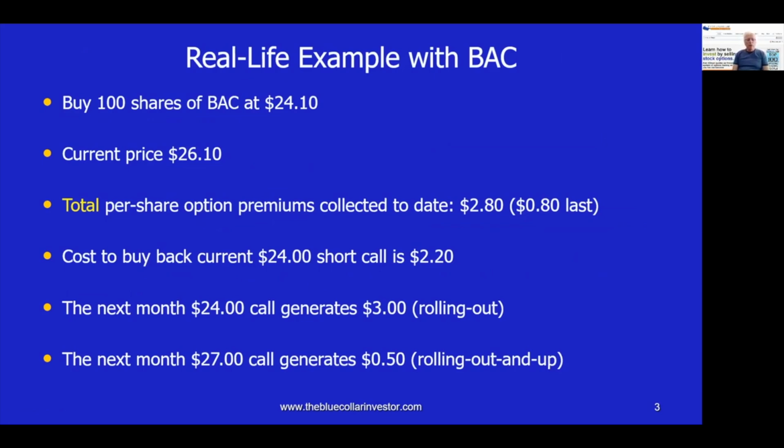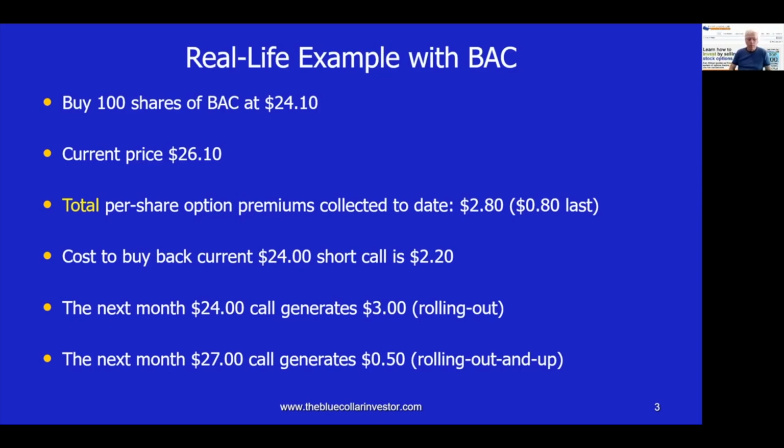So if we purchased Bank of America at $24.10, but the current price is $26.10, and the total premiums that we've collected by selling covered calls over time is $2.80 per share. Now, the last covered call was written at 80 cents. So you can see in this particular scenario that things get a little bit trickier, a little bit more complicated.